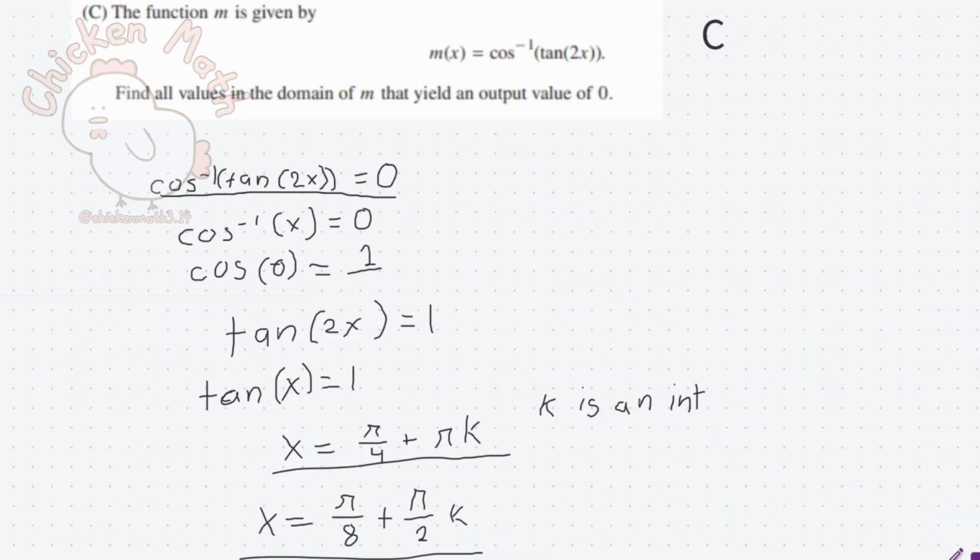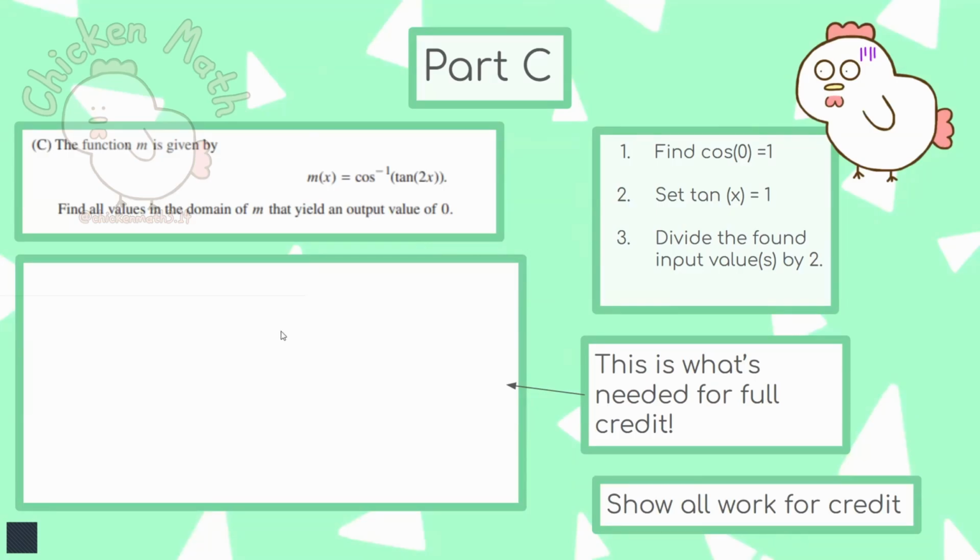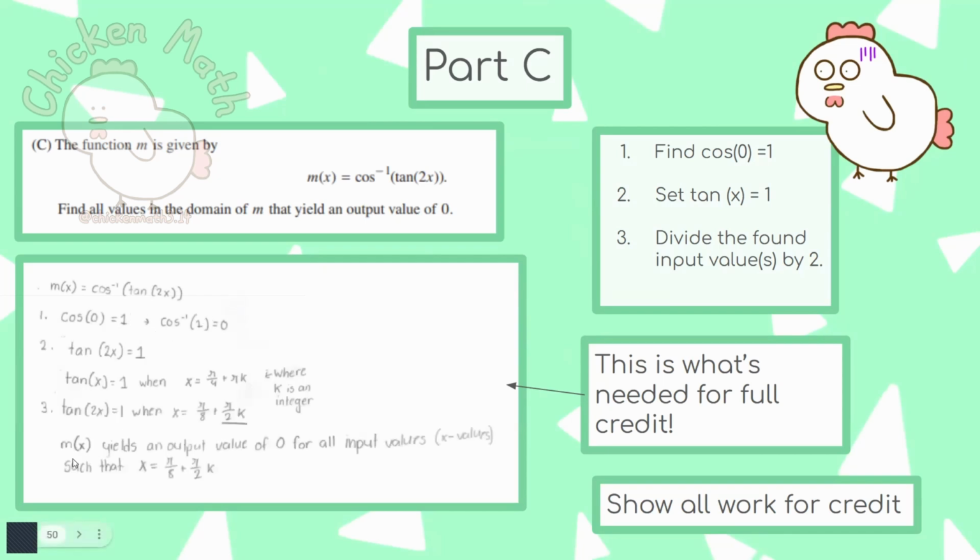And going back to the PowerPoint, here's my work that I had put. And I also said that m of x yields an output value of 0 for all input values, or x values, such that x is equal to pi over 8 plus pi over 2 k. I just put this just to be sure and to make sure that I get all points. And if you guys have time, I would definitely recommend doing this as well.